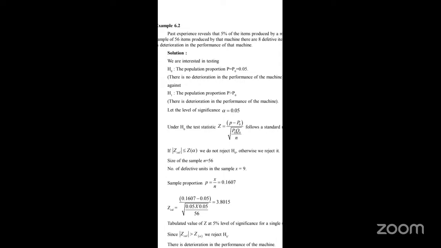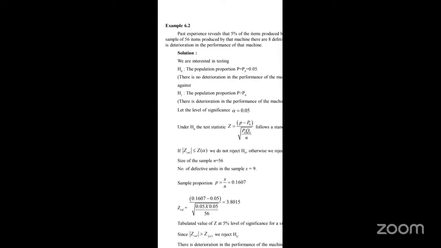The alternative hypothesis is that the population proportion P is greater than P naught, that is, there is a deterioration in the performance of the machine. So P equals 0.05.